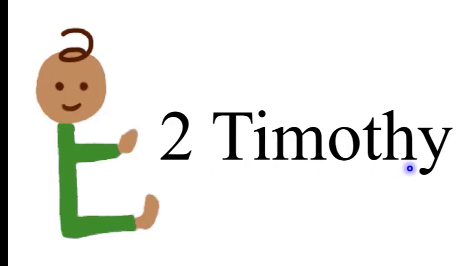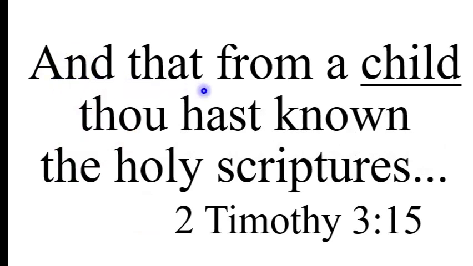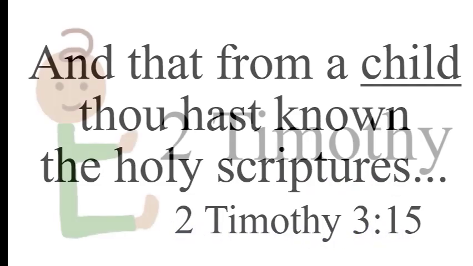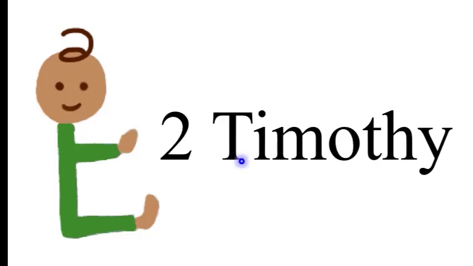The icon for 2 Timothy is a toddler, because the Bible says, "And that from a child thou hast known the Holy Scriptures." 2 Timothy 3:15. Since the icon for 1 Timothy is a baby, the icon for 2 Timothy is the baby growing up to be a toddler.